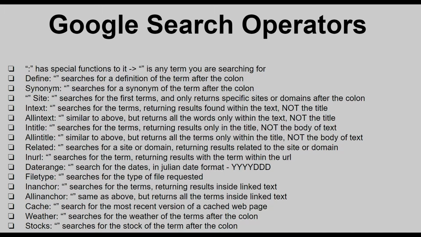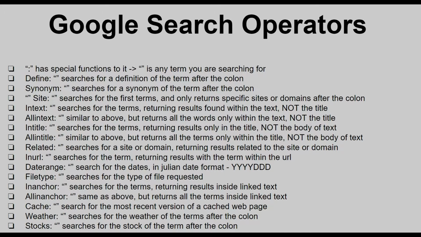And for allintext, you probably want to use the quotes to make sure that whole phrase is there. But I would probably use that for all of these to make sure that specific phrase is returning the right results. And then the opposite, intitle and allintitle.